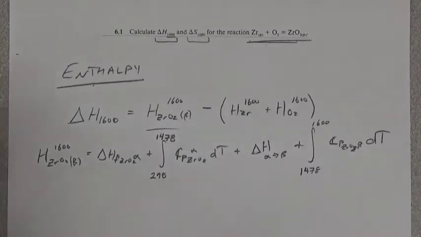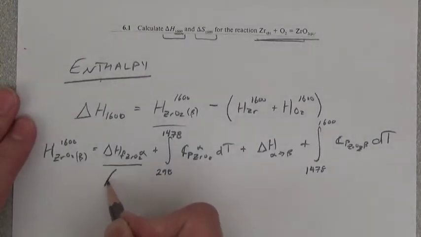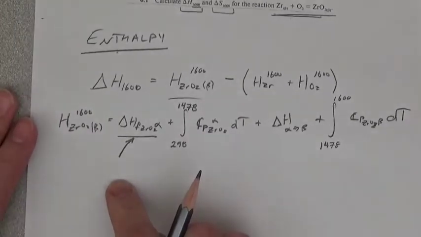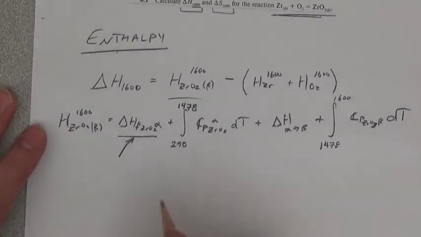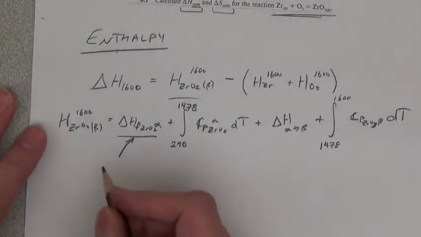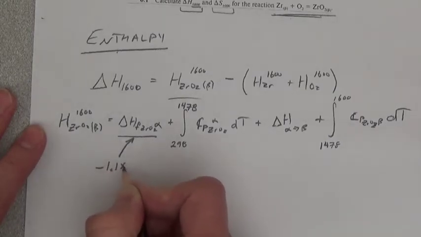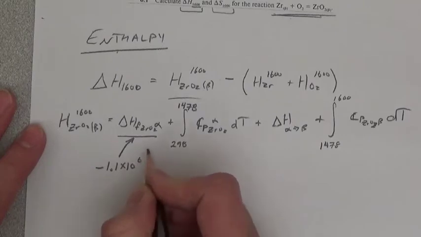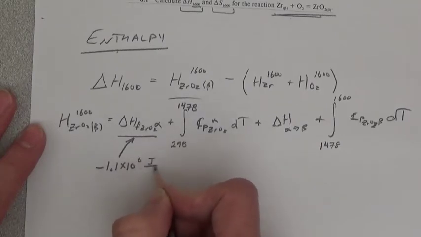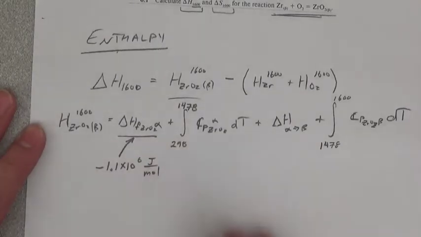Okay, so from the table in your book, we have the heat of formation at 298 for alpha ZrO2, and that is minus 1.1 times 10 to the 6 joule per mole.